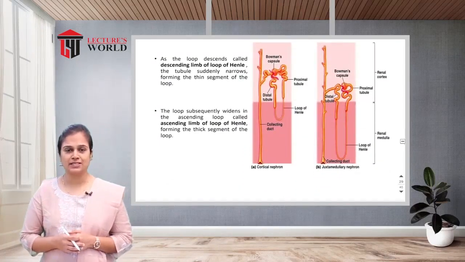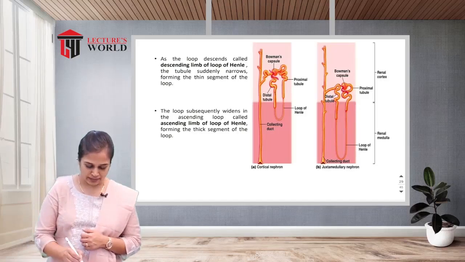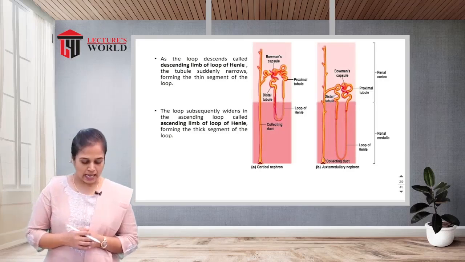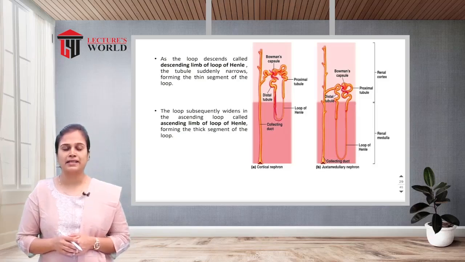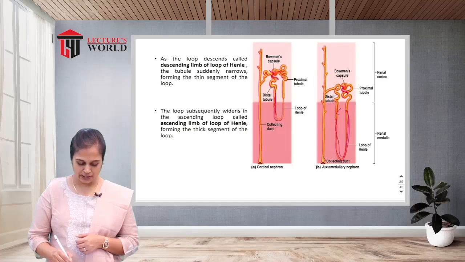As the loop descends, it is called the descending loop of Henle, and the tubule suddenly narrows, forming the thin segment of the loop. This one is wider and suddenly it becomes very thin.